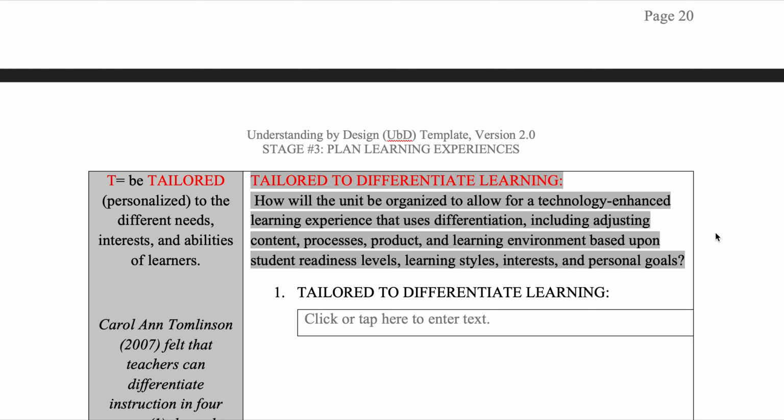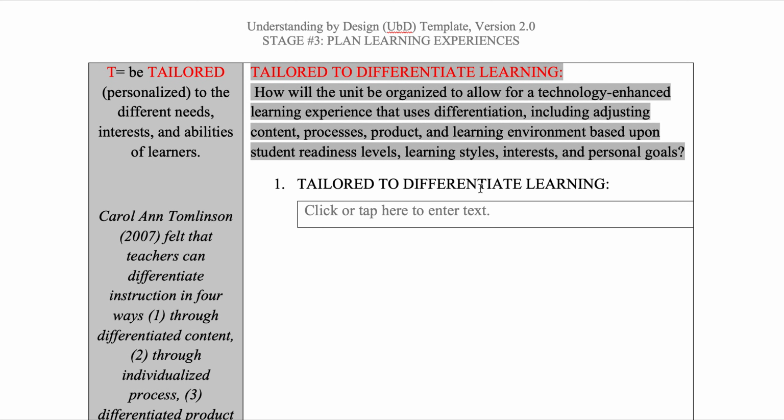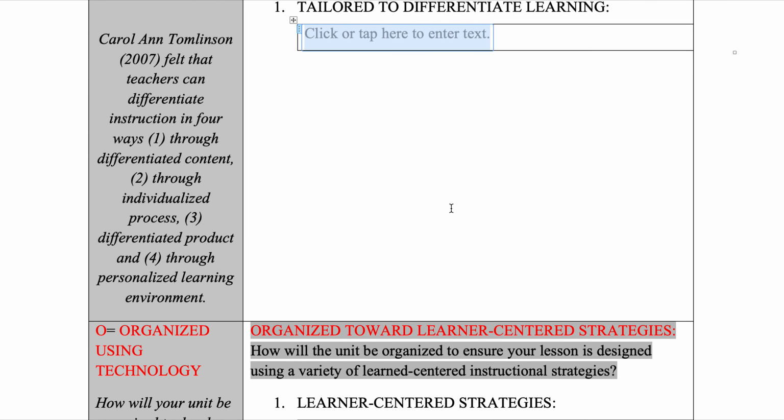How do you plan to make sure that what you're teaching is also going to be tailored to that student? If you have students that maybe are colorblind, how do you plan on making sure that it doesn't affect them, but they still gather the big idea that you have developed? You will put that in this section.